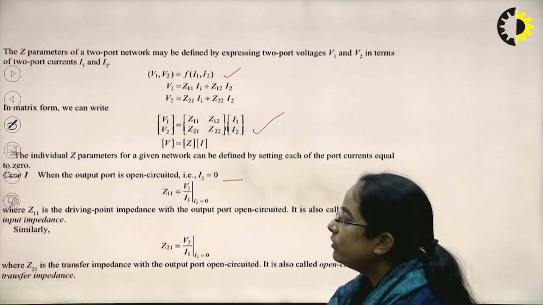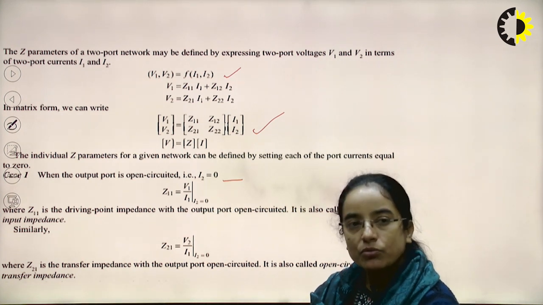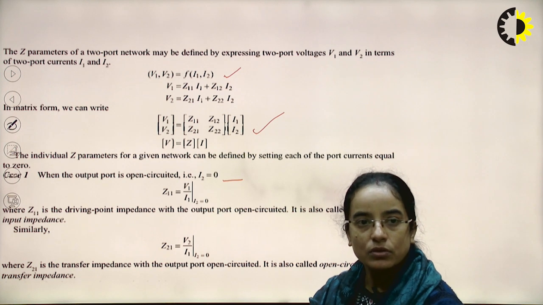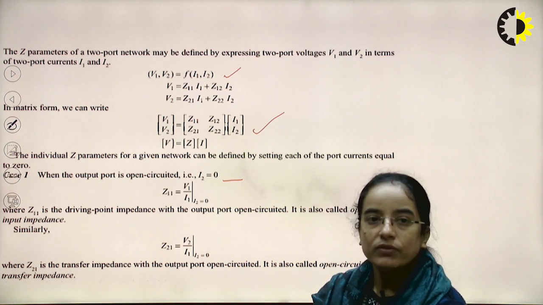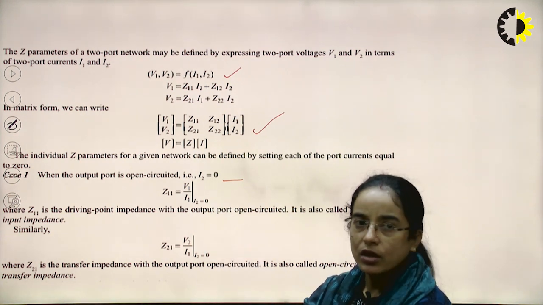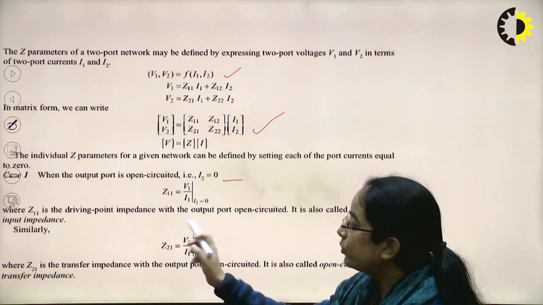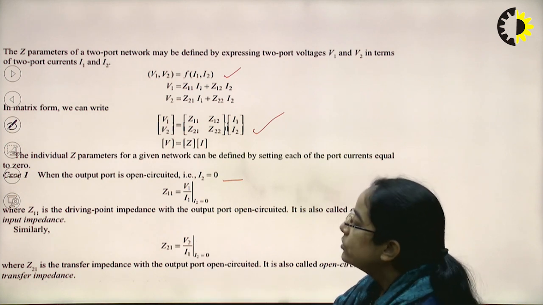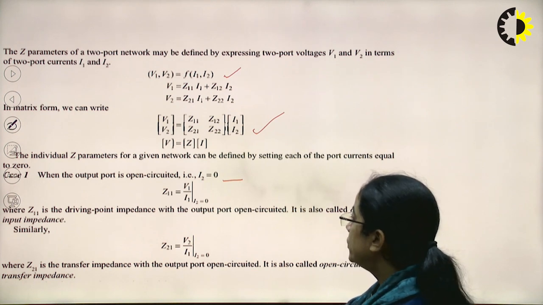Okay, so when we are open circuiting the output port, we can derive two parameters, Z11 and Z21. So Z11, what is it representing? It is representing the driving point impedance. Z11 is the driving point impedance when the output port is open circuited.